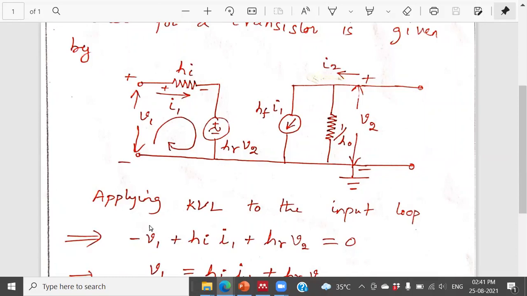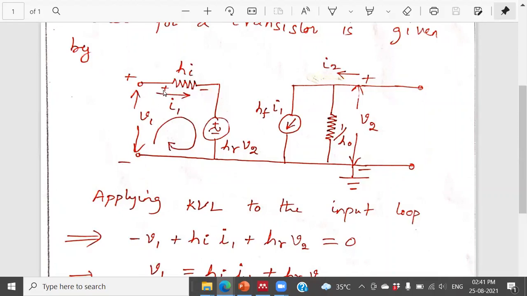So minus V1. For a resistance, we always take polarity plus and minus such that the current direction is from positive to negative. Because the current I1 flows from left to right, the plus will be here and the minus will be here. Applying KVL to this loop, the entering terminal is negative, so minus V1.